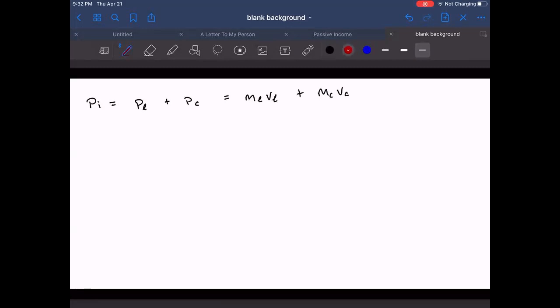But as you said, this is 0, because VC, the velocity of the car, is 0. So then PI equals the mass of the locomotive times the velocity of the locomotive. It's moving at 3, so it's 3 times its mass, which is 159,545.